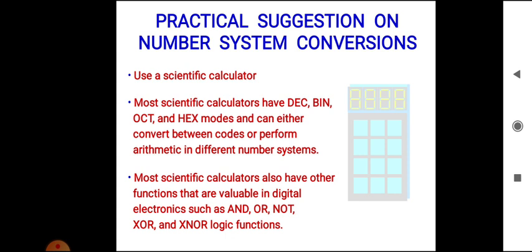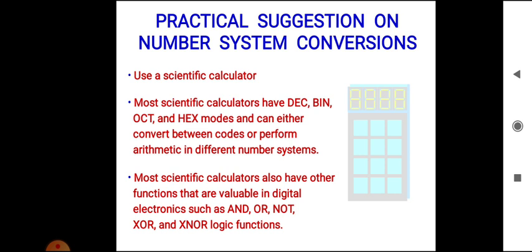Most scientific calculators also have other functions that are valuable in digital electronics, such as AND, OR, NOT, XOR and XNOR logic functions. So these number systems are in your scientific calculator. The scientific calculator also has different types of logic gates, and it will perform the different conversions and the arithmetic operations.